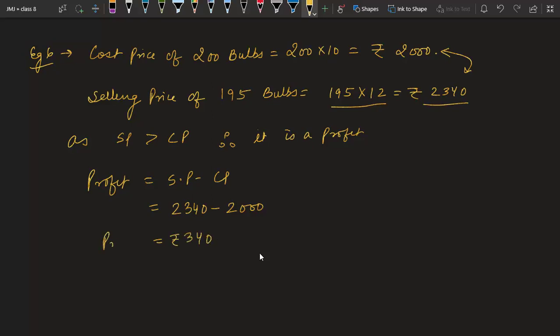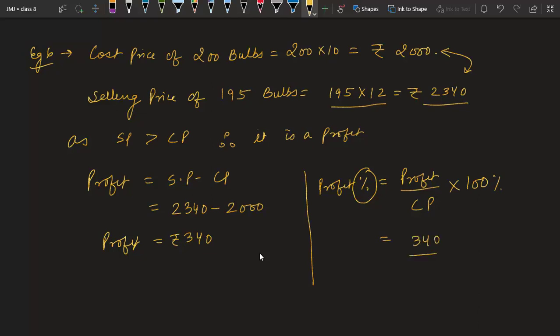After getting the value of profit, it is not difficult to find the percentage. We all know profit percentage is given by, again the hint, to find percentage we multiply with 100. So profit percentage is equal to profit upon cost price multiplied with 100, and the answer will be 340 upon 2000 multiplied with 100.